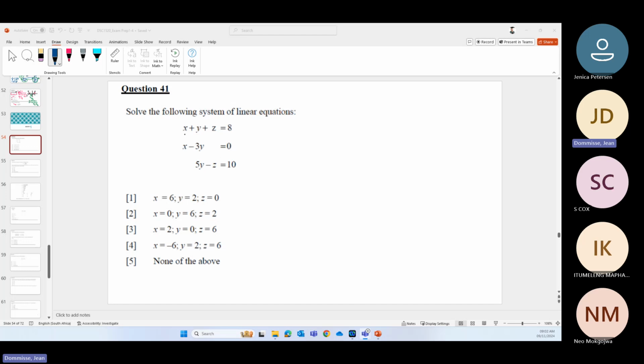Okay, so let's see what we can do with this. If I look at this one, we've got two things. So if we manipulate that, maybe we get rid of the x's so that we only have a y and z, and then we have a y and z here. So that will be a nice one to basically check.